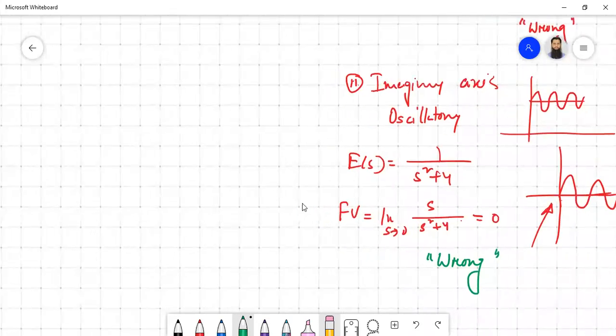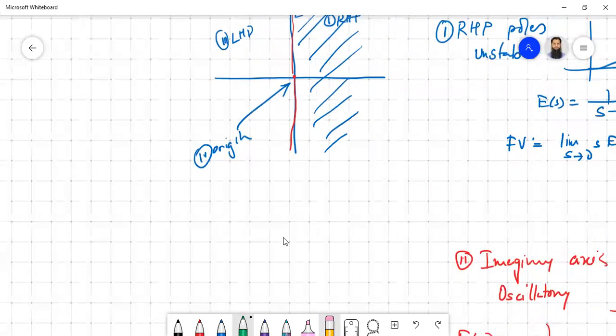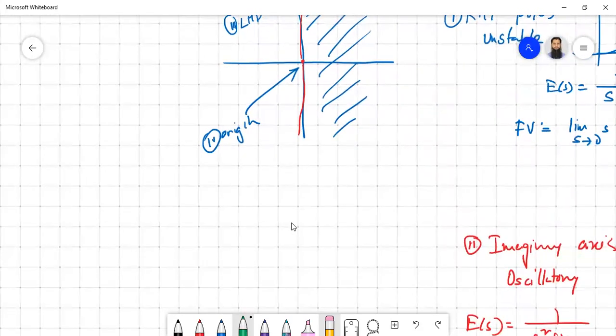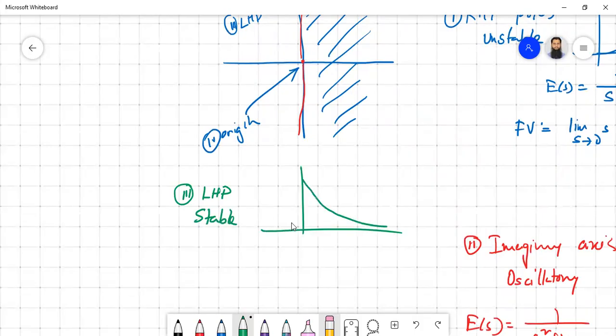Now let's consider the third scenario, the left half plane. What's the system behavior? Definitely stable. Graphically, it will die out, and as you can see, the final value will be 0. Let's use one example.